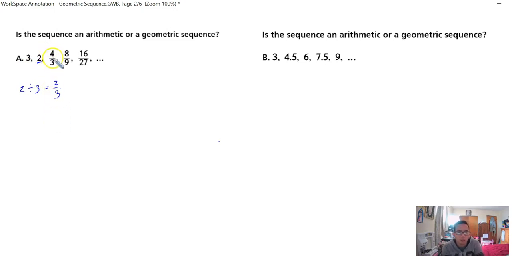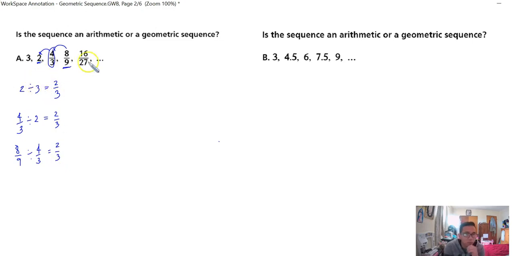Okay, how about 4/3 divided by 2? 4/3 divided by 2 is also equal to 2/3. Then 8/9 divided by 4/3, which will also give us 2/3.